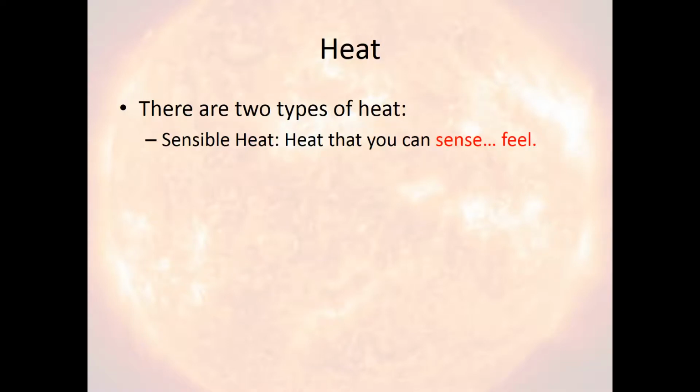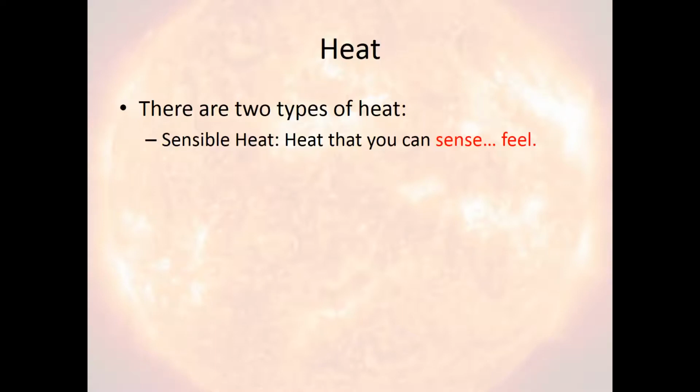You feel that heat transfer. On the other hand, if you touch something hot like a hot pan that you just pulled out of an oven, you're going to feel heat transfer from the pan to your hand, so that feels hot. So that's sensible heat. That's what we're going to be talking about today.